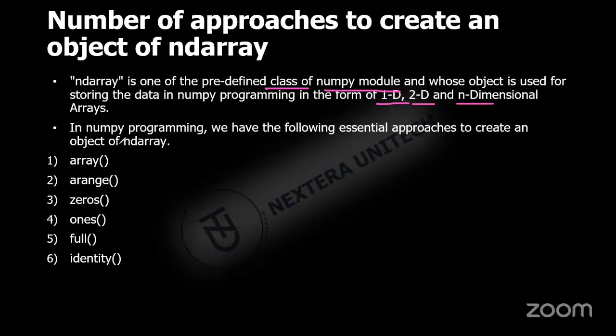We have multiple approaches. Here are a few: using array function, arange function, zeros function, ones function, full function and identity function. We'll be understanding all of them one by one.